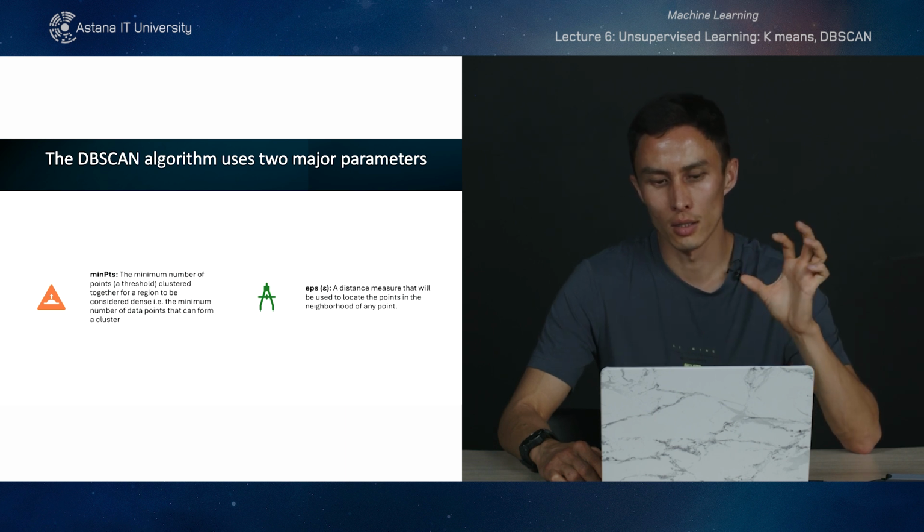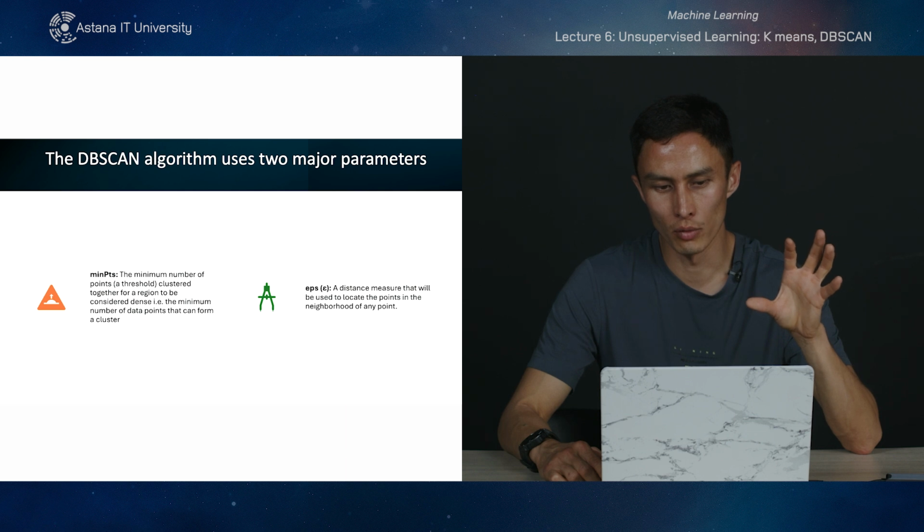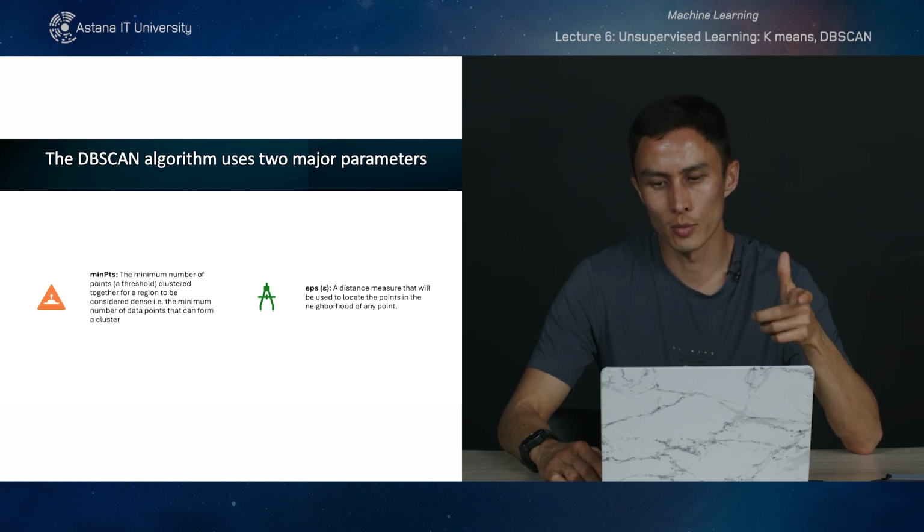We give a minimum points value, and with epsilon we provide the distance, which helps the algorithm understand how far away a located point can be and still be considered part of one cluster.